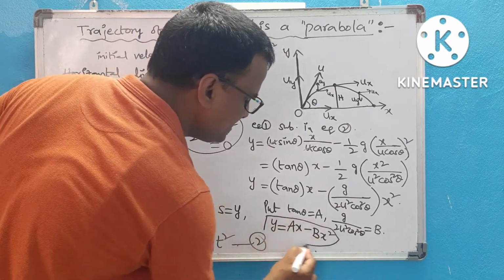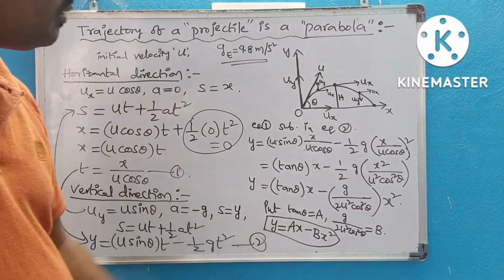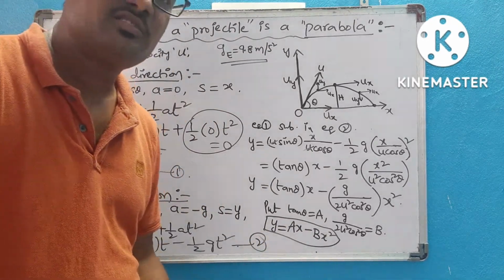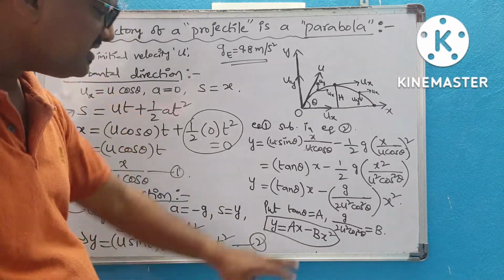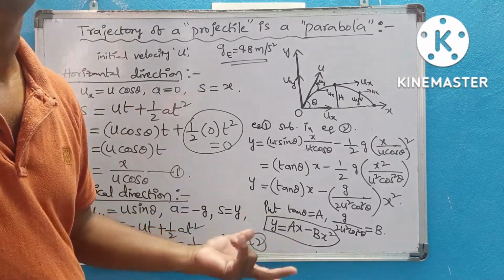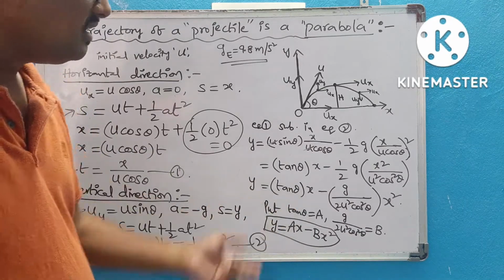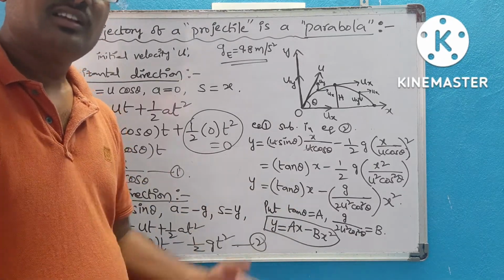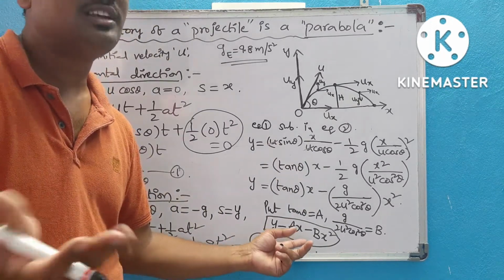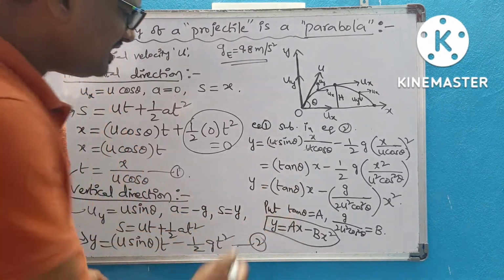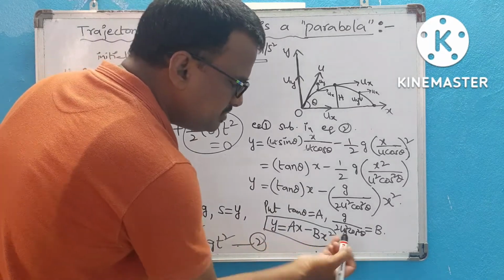Which curve does y equal to ax minus bx square represent in mathematics? This equation represents a parabola. The parabola equation in mathematics is in the form of y equal to ax minus bx square.